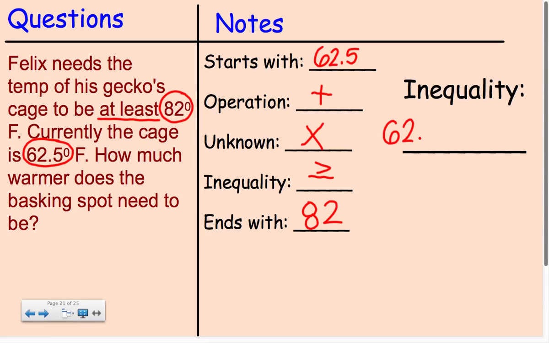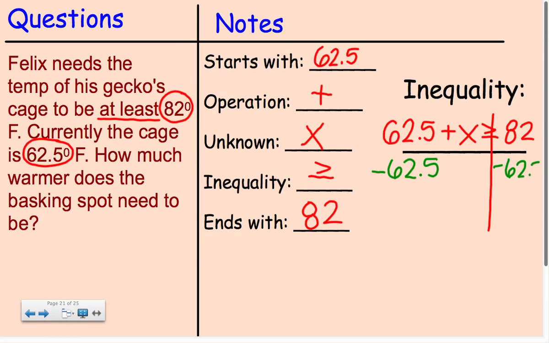So 62.5 plus x is greater than or equal to 82. And then this is just a basic one-step equation. So subtract 62.5 on both sides. And we're left with x is greater than or equal to 19.5.